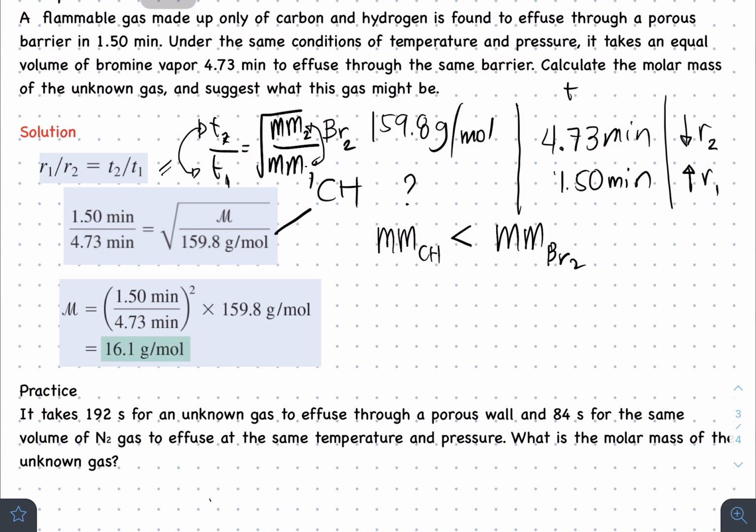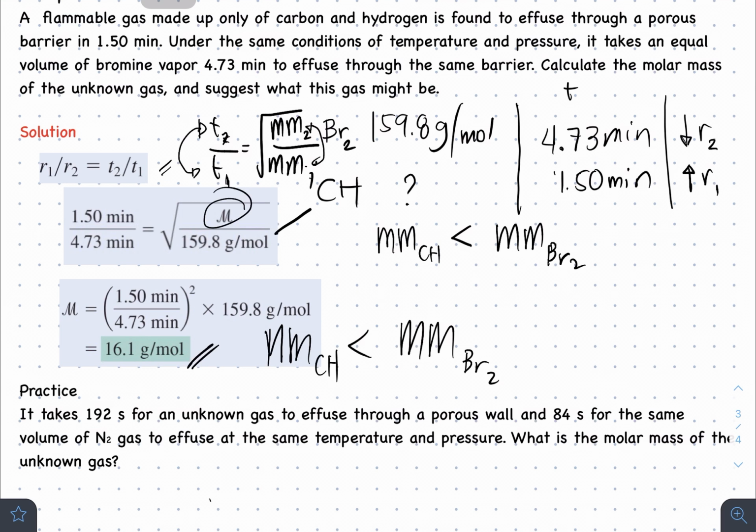After that, solve for the unknown molar mass, which is 16.1 grams per mole. This makes sense because it is smaller. The molar mass of the unknown hydrocarbon is lower than the molar mass of the bromine gas, which is 159.8 grams per mole.